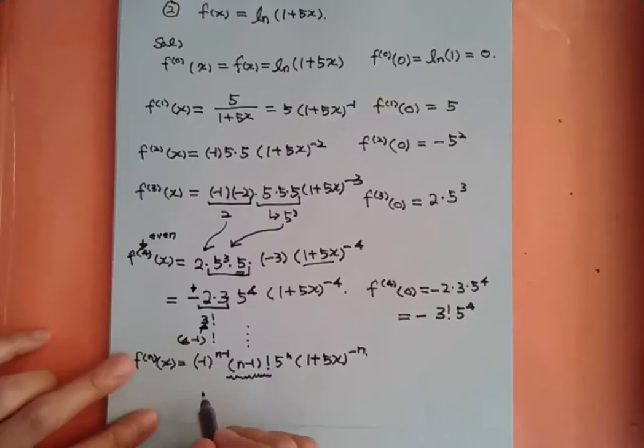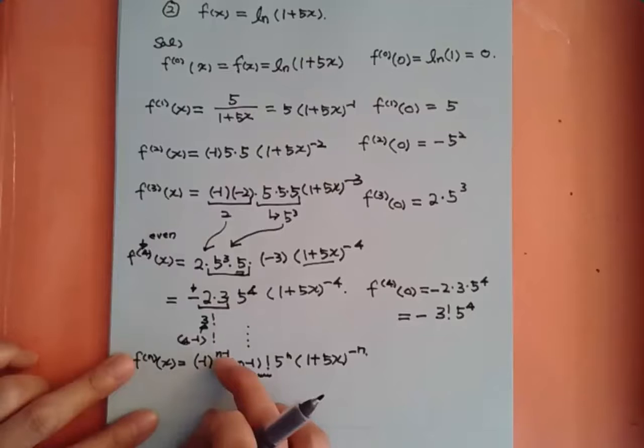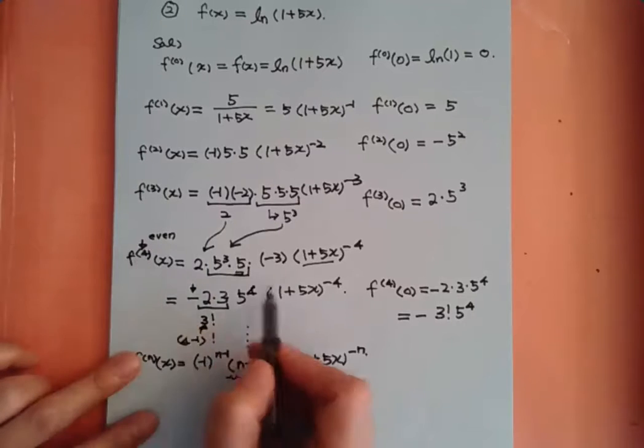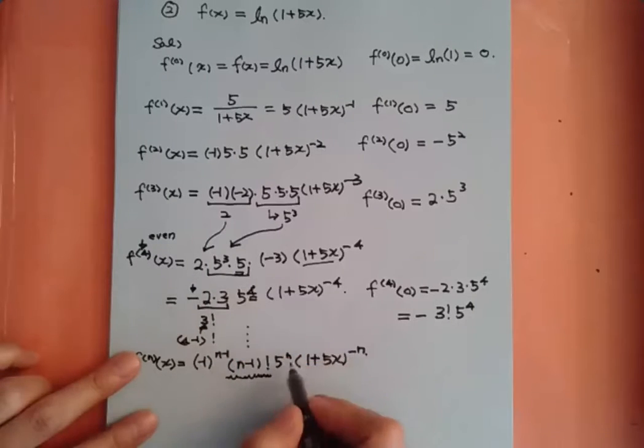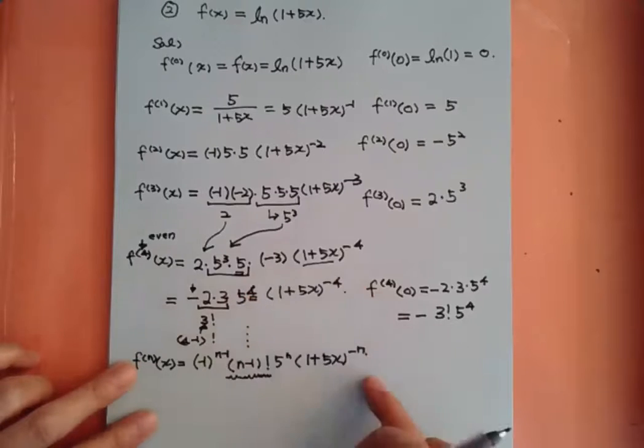For example, when n is 2, 2 minus 1 is 1 power, and negative 1 to the 1 power is negative 1. If n is 4, then 4 minus 1 is 3, negative 1 cubed, and so that is negative 1. And for the fourth derivative, 5 to the 4th power. So for the nth derivative, 5 to the n power. And then the same number.